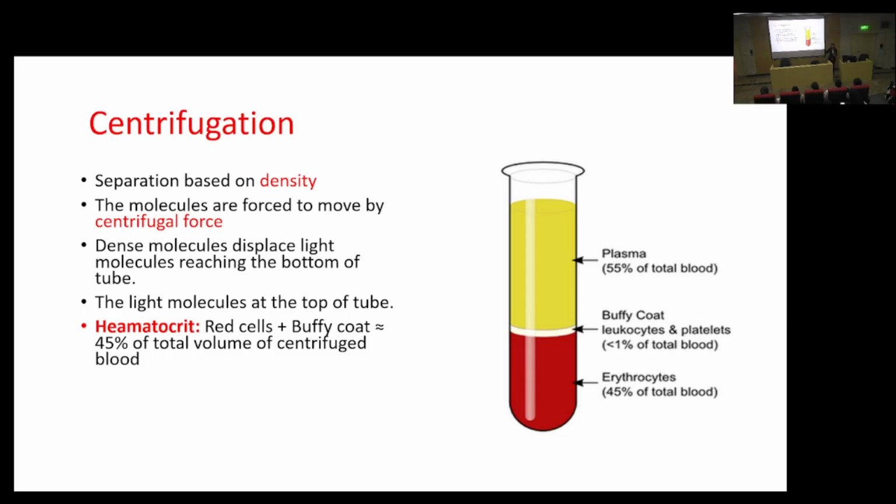That's the same thing, called centrifugal force. When you do it fast enough, the particles that have higher density will settle at the bottom. The things that have lower density will be at the top. And we do this for blood.